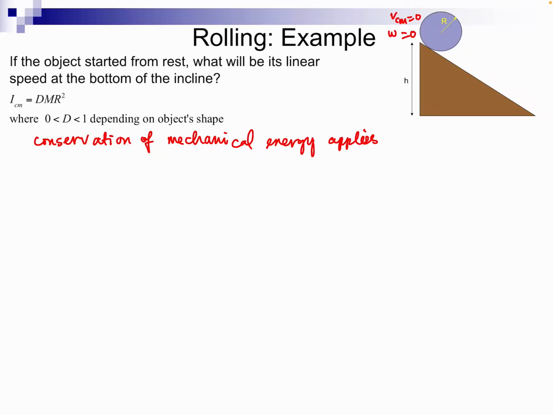The potential energy at the top will be converted to kinetic energy at the bottom.